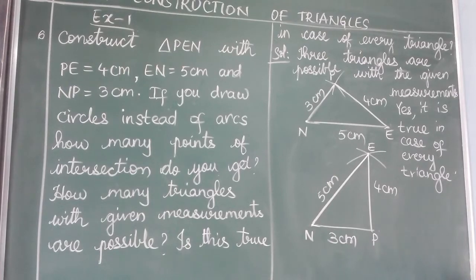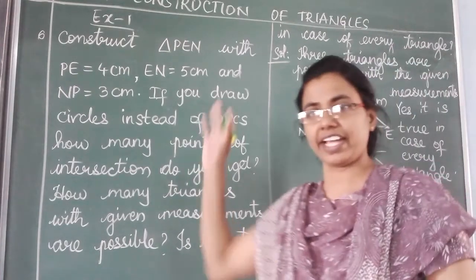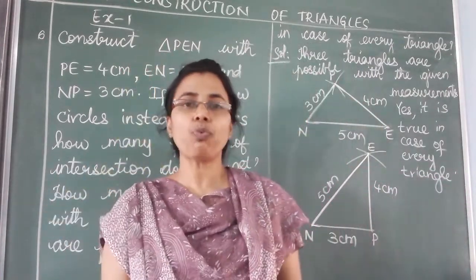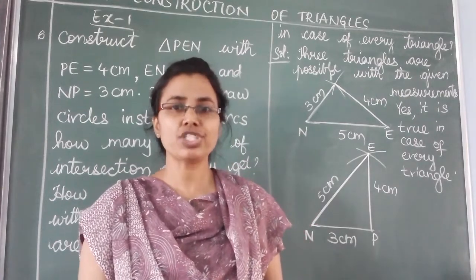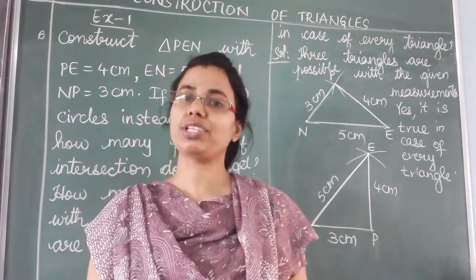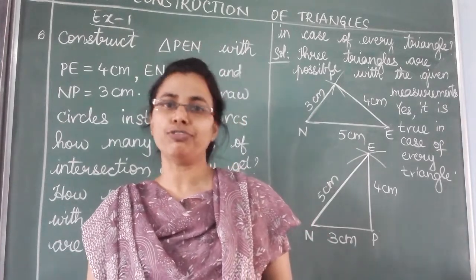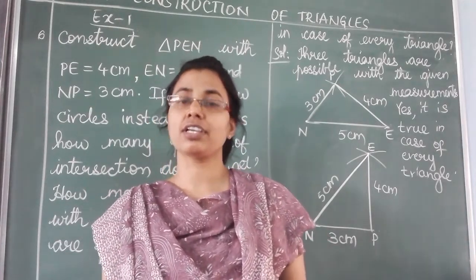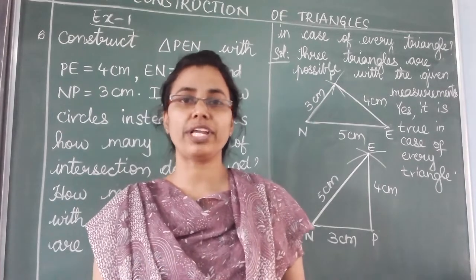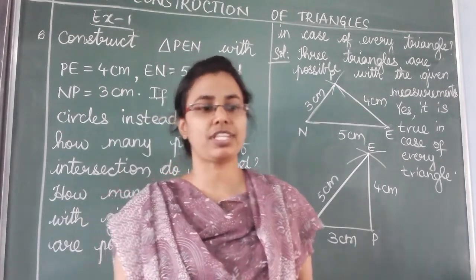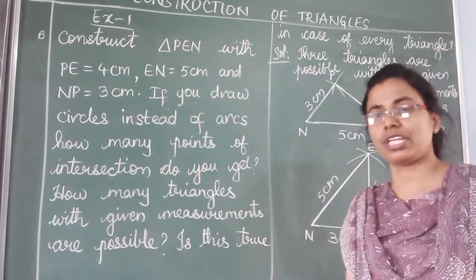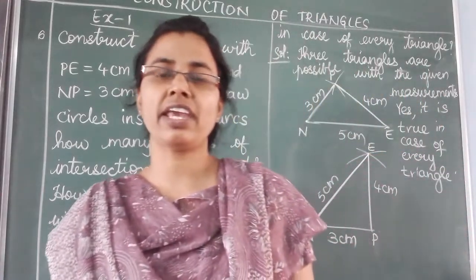Now as we have completed exercise 1, with this we are going to stop doing these exercise problems, as very soon we are going to have a formative assessment test. We are going to start our revisions now. So the FA portion is chapter 8, 10 and 12.